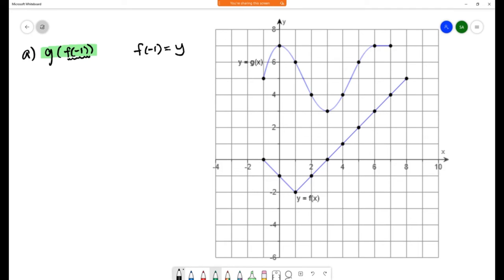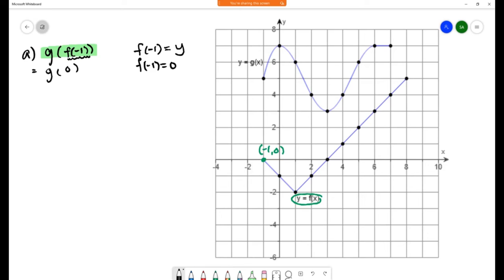I have an x of -1 right here. This is on the graph of f, so that's the point -1, 0. And so f of -1 is equal to 0. So I'm going to replace that inside part, f of -1, with 0. We would write g of 0.